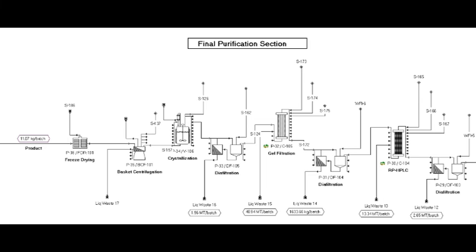Next, Operation Unit 30, there is an HPLC, C104. The purification of the insulin solution proceeds with a reverse phase high pressure liquid chromatography step. Next, Operation Unit 31, there is another diafiltration, DF104.